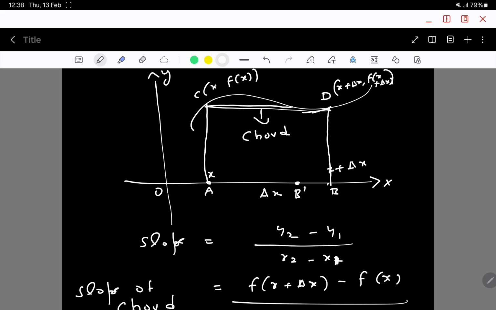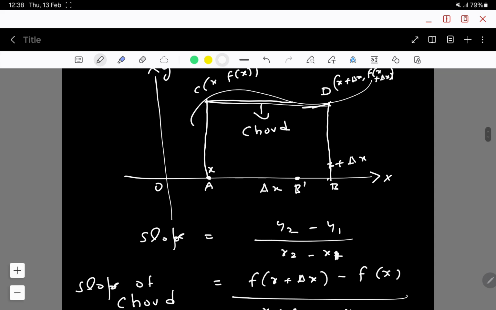Again I decrease the value of delta x. The new position of the chord is like this. Every time I decrease the value of delta x, the point B approaches the point A.